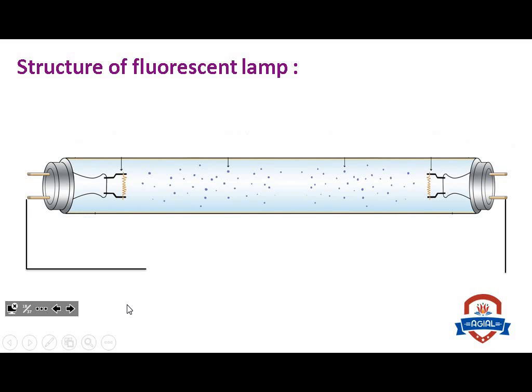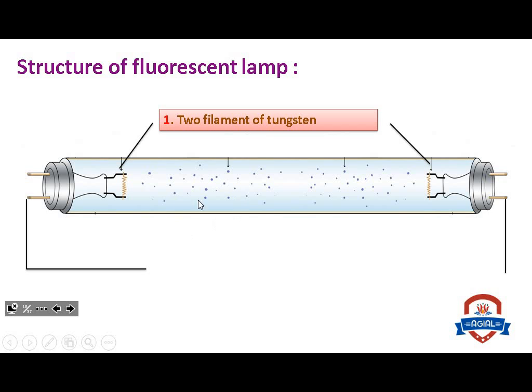The structure of a fluorescent lamp. What is the structure of a fluorescent lamp? A fluorescent lamp consists of three main parts, which are: number one, two filaments of tungsten, as we see.